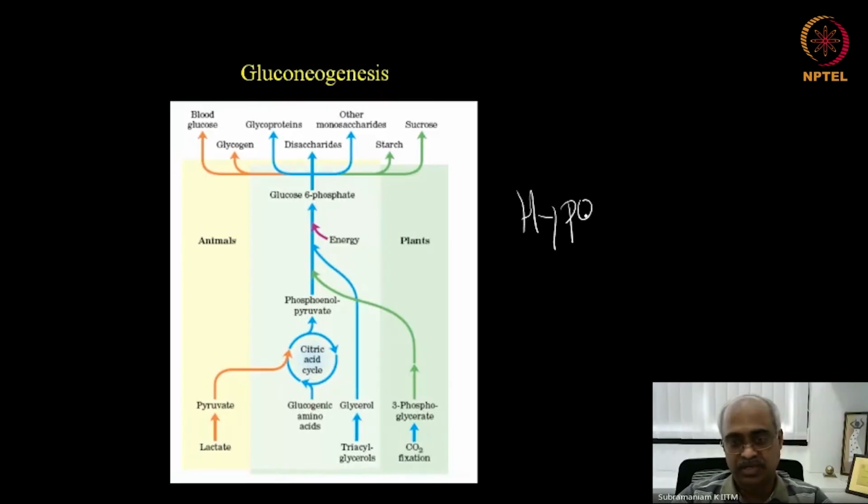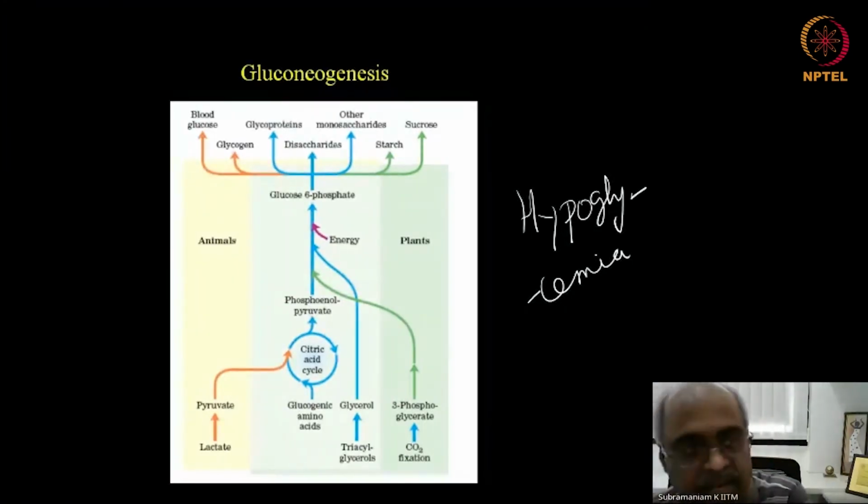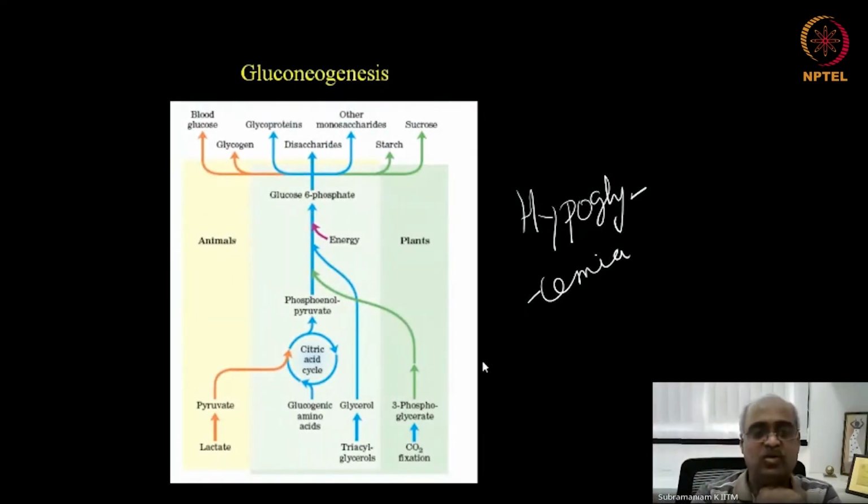Hypoglycemia again is a serious condition. It is a lowering of glucose in blood, and due to that, the brain will not have sufficient energy, and due to that its activity will go down, and then you will get into coma.